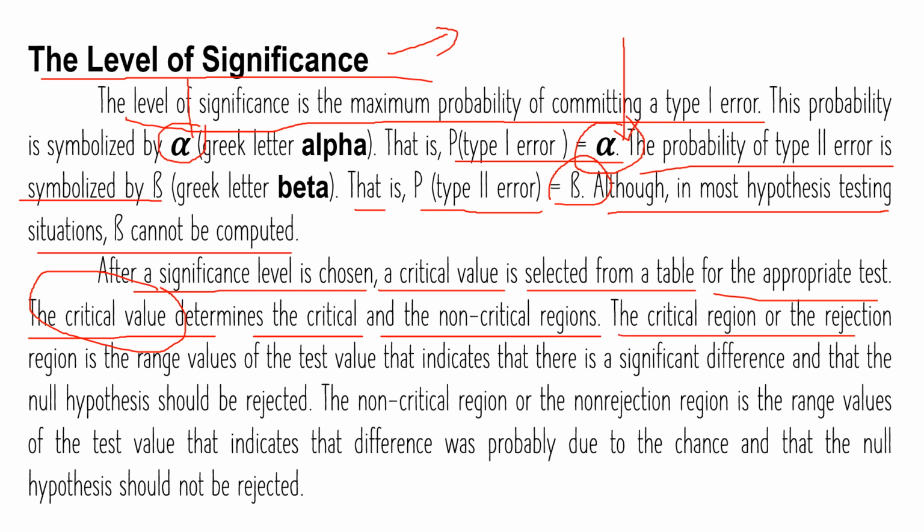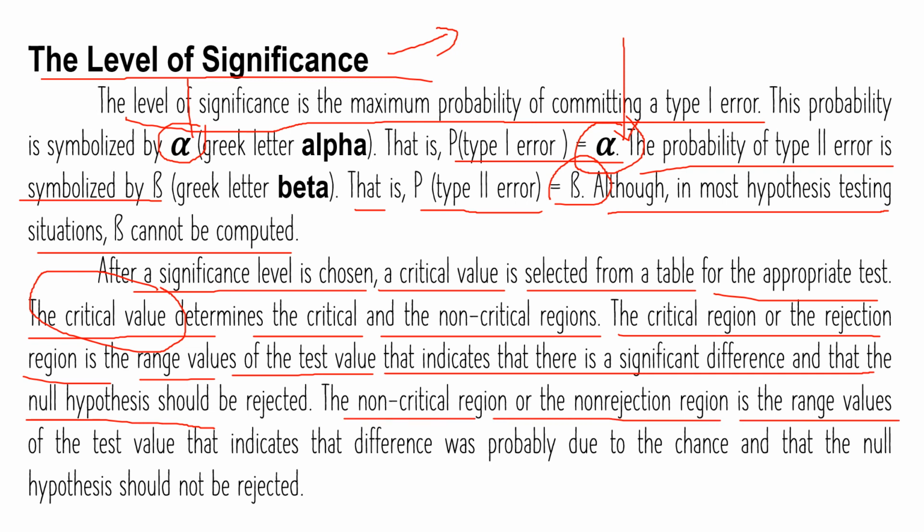So the critical region, or the rejection region, is the range of values of the test value that indicates that there is a significant difference. That's why a while ago I said that if your computed value falls on the non-critical region, then you need to accept your null hypothesis. Then the non-critical region, or the non-rejection region, is the range of values of the test value that indicates no significant difference.